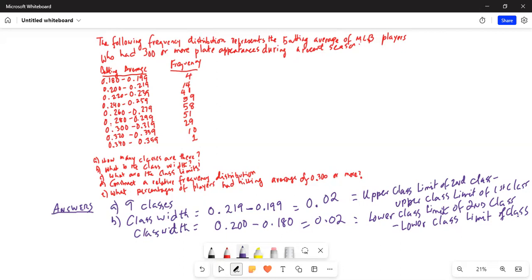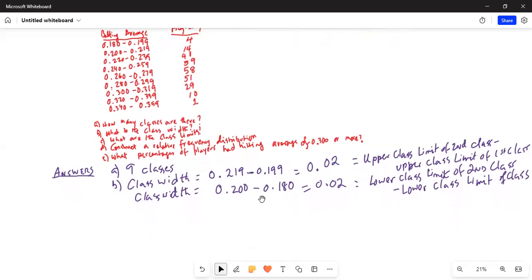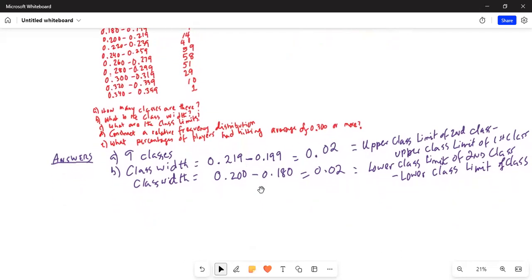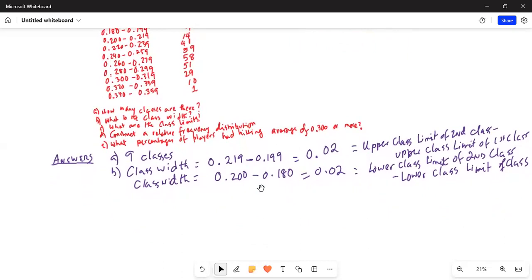Okay. Now let's create some more space for us. Part C asks, what are the class limits?